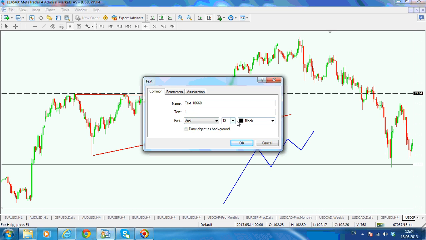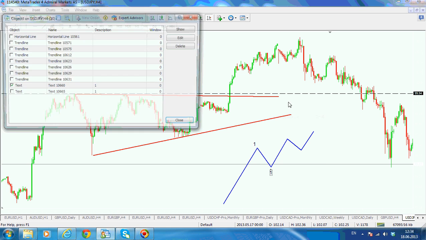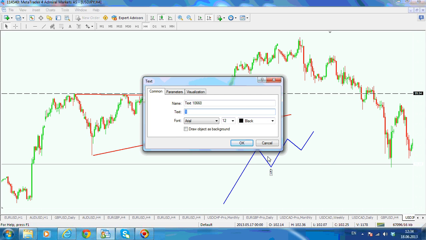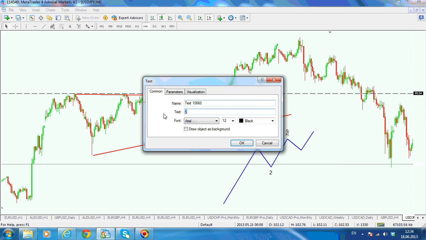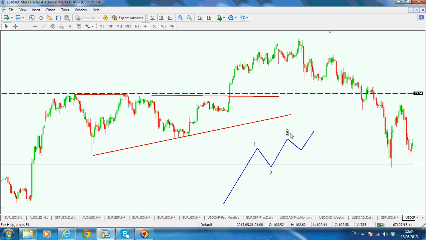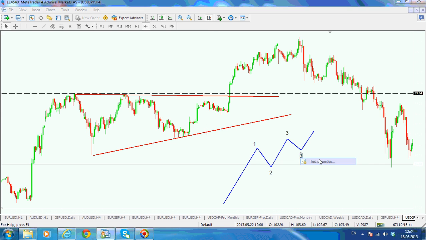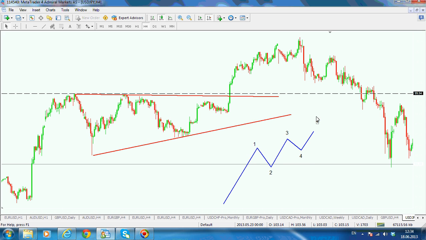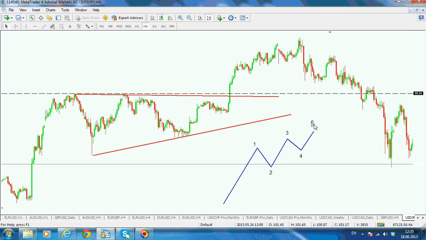So let's say that this is a 1 of this degree, 2, 3, 4, 1, 2, 3, 4, 5, and this to be the end of the move with the first wave extended.